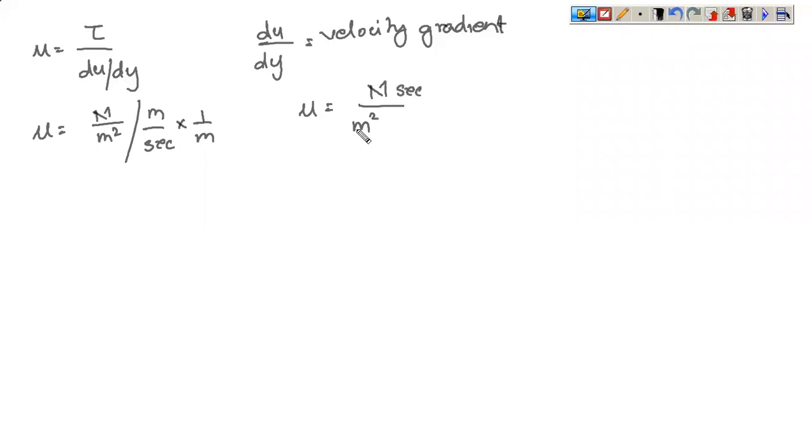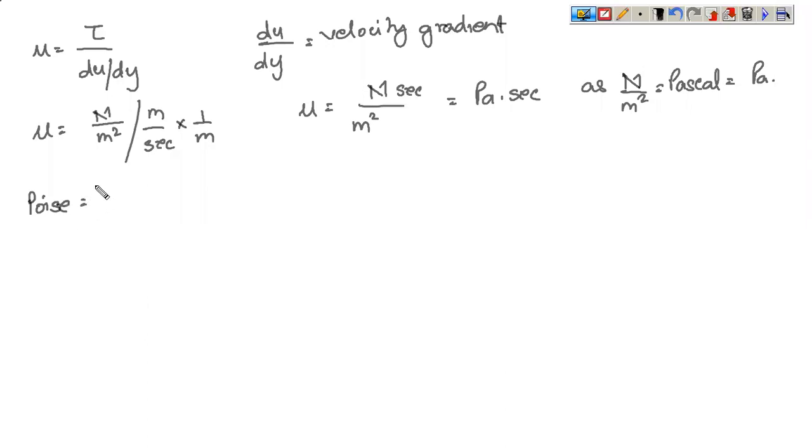So Newton per meter square is Pascal. So this is equal to Pascal second, as Newton per meter square is equal to Pascal, and this is written as Pa.